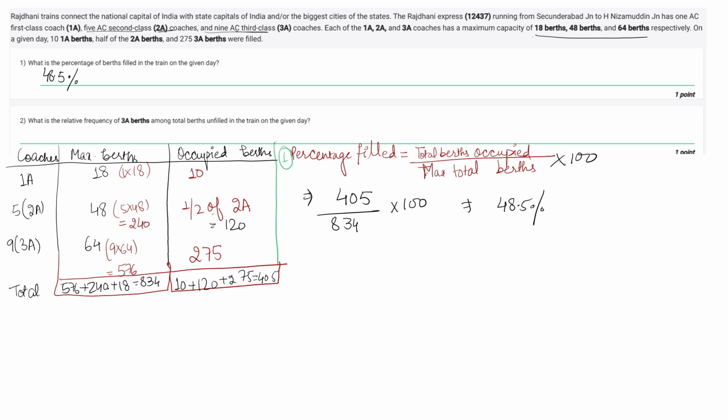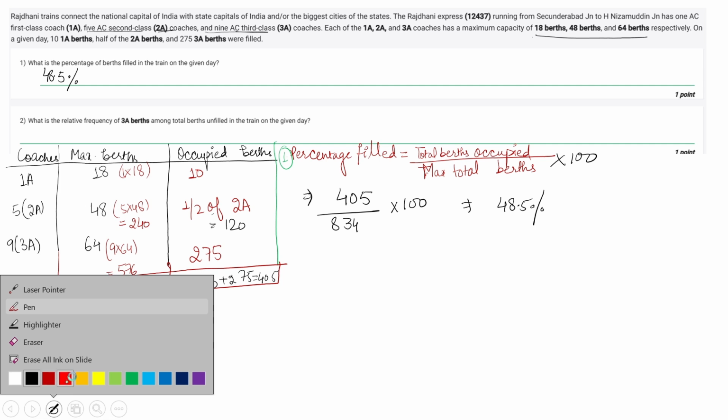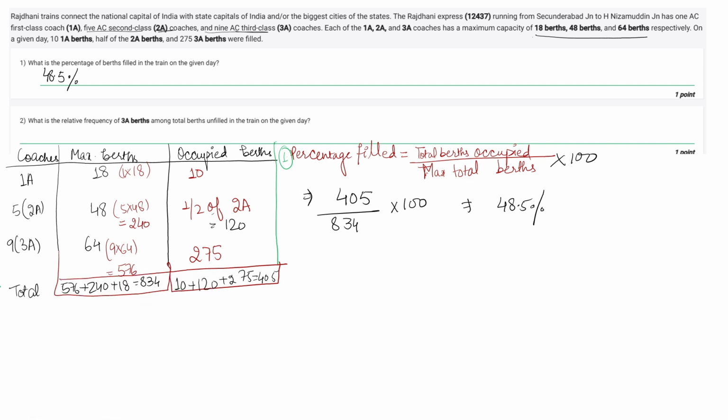Now the second question says that what is the relative frequency of 3A berths among the total unfilled berths in the train on that day. So you have to find out the relative frequency of the unfilled berths.